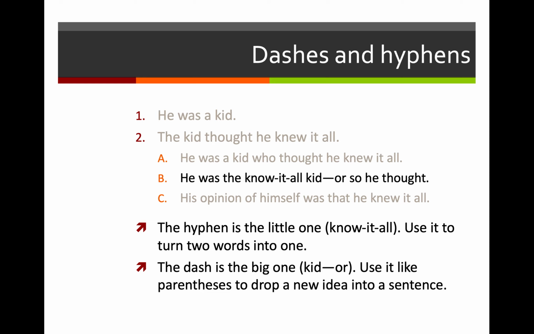The dash tends to yell, and it tends to be a little more informal. If you're going to use a dash, you use it to drop a new idea into a sentence, and please type it correctly. Hit that hyphen key twice if you want the big long one. Most word processors will fix it and turn it into the long one. If you have one that doesn't, that would be quite unusual, but readers understand that two hyphens together means a dash.